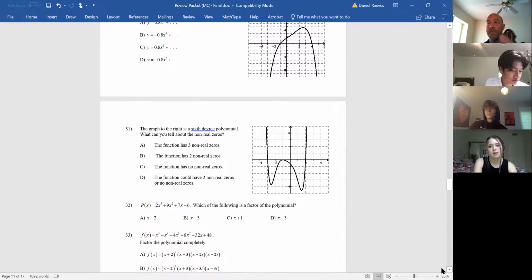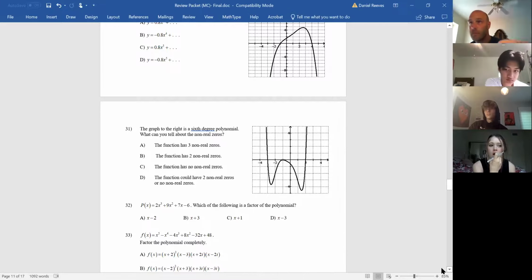If it's an odd degree, then they go in opposite directions. It's hard to do on my little screen here. Gotta get up, stand away, and do the whole dance. Okay. Does that ring a bell? Okay. I could bring up Desmos and make Desmos do a little bit of a polynomial dance for us if we want.